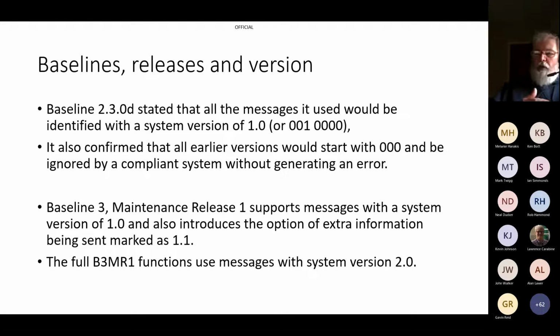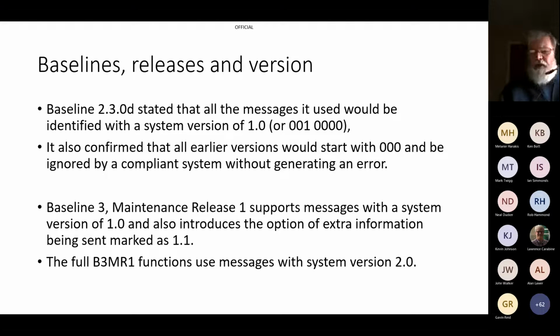Baseline 3 MR1 also introduced an option of being able to send some extra information to an onboard, but from a trackside that didn't understand that information. And this is where it gets really confusing, because we have a baseline 2 trackside, but we can send information marked as system version 1.1, which a baseline 2 train will ignore, but a baseline 3 train will utilize.